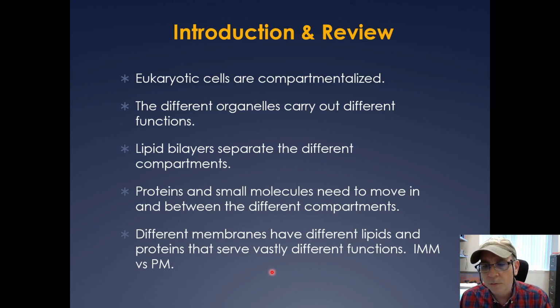For example, think about the mitochondria: you have multiple compartments in that one organelle. You have an inner mitochondrial membrane, and that's going to be very different in its proteins and lipids from, for example, the plasma membrane.